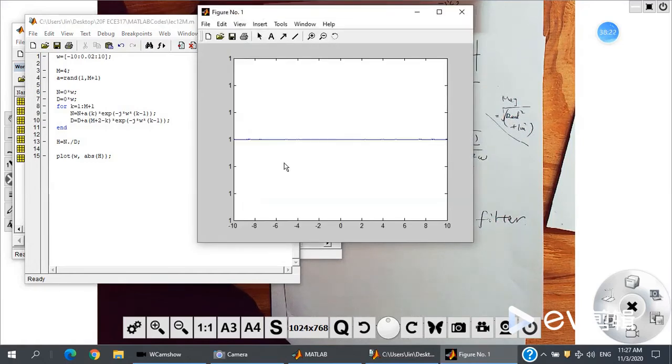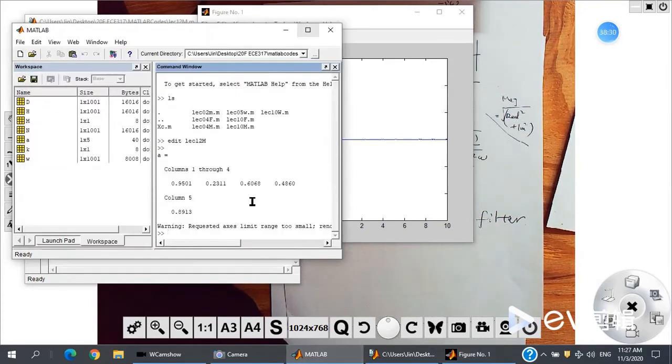Yeah, you have 1, right? H should be 1. It is 1. It's always 1. You can see what is a. Here I have 4 different a values. I get them randomly. Then the numerator will be 0.95 plus 0.23 times z to negative 1, and so on. And the denominator will be reversed, as the first element will be 0.8913.